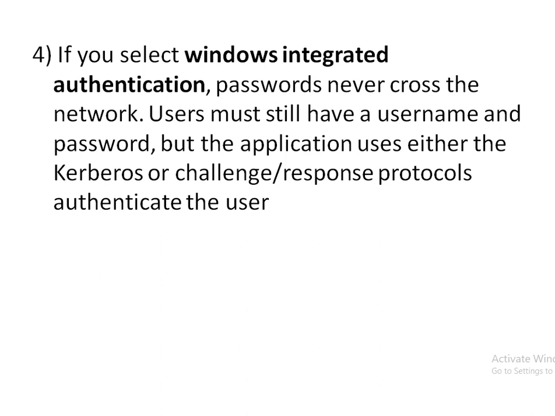The fourth one is Windows integrated authentication. If you select Windows integrated authentication, passwords never come across the network. Users must still have a username and password they need to enter, but the application uses either the Kerberos or challenge response protocol to authenticate the user. Kerberos is a network authentication protocol.